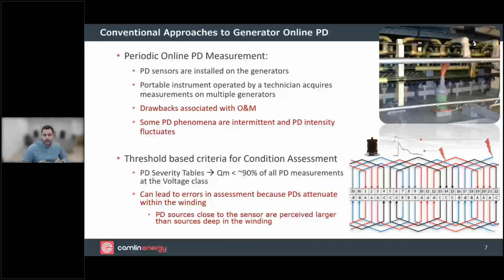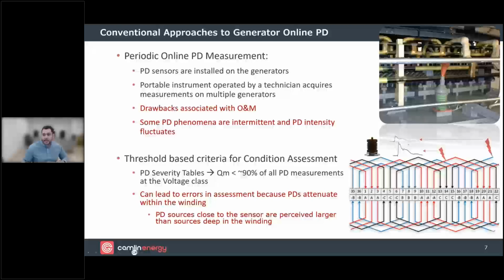So if you look at this illustration on the right, and we imagine this is a schematic representation of a machine winding, okay? But imagine the winding as a large number of connected bars or coils in series with one another, forming a large inductance, essentially, okay? So this large inductance of the winding, when you have electrical discharges, they get attenuated as they propagate through the winding.